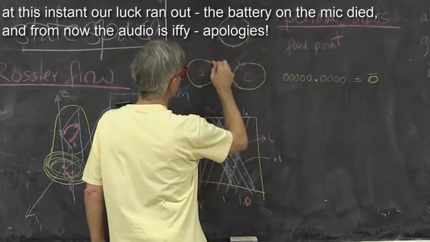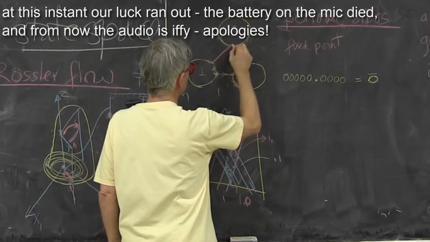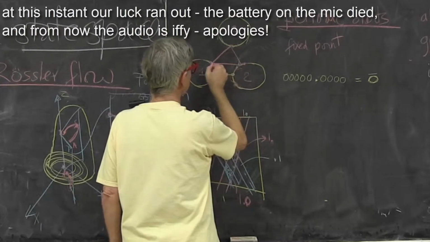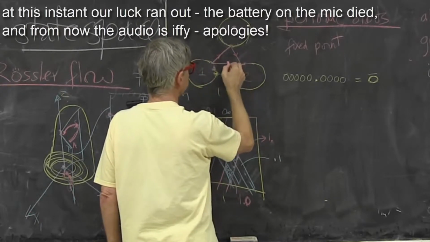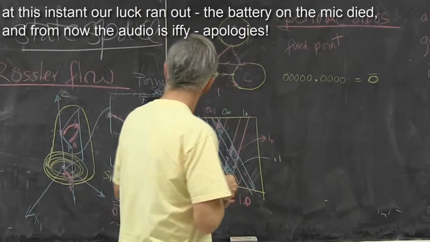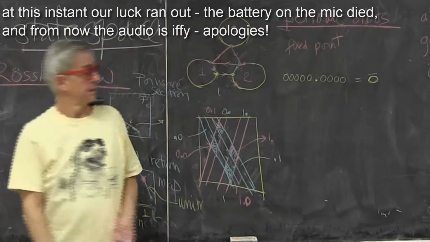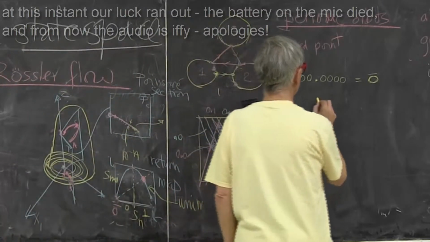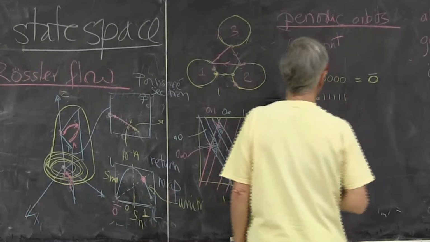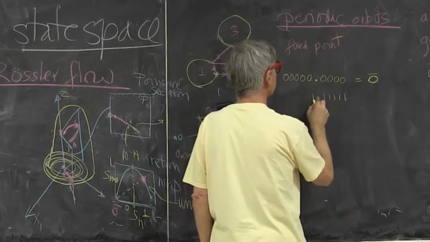Or there will be a simple sequence where I go here, I hit the next and I just come back and I keep going. According to this rule, it does the same thing in the past.